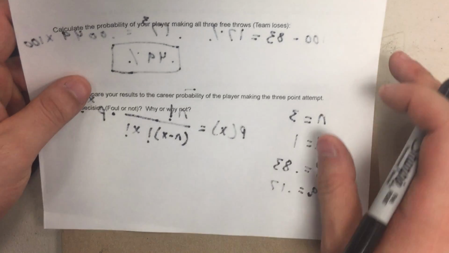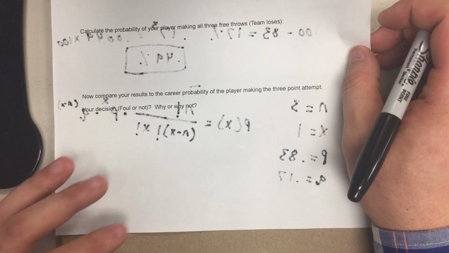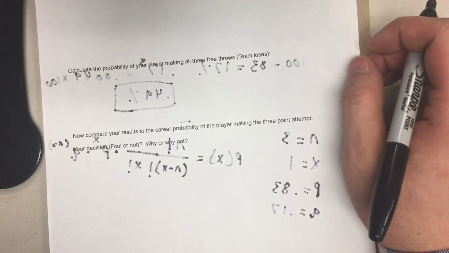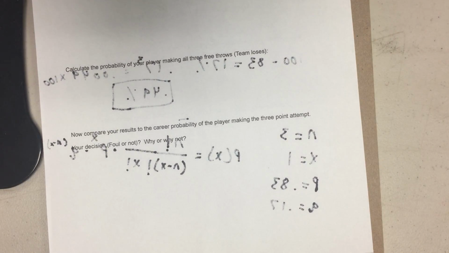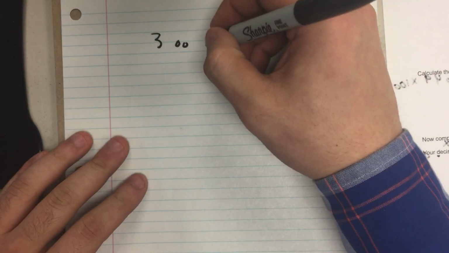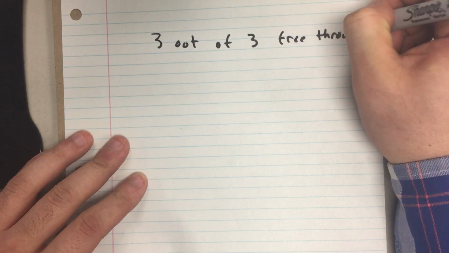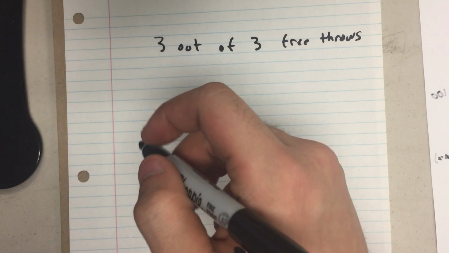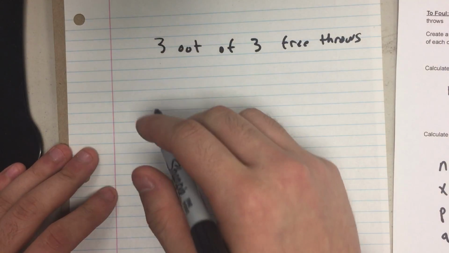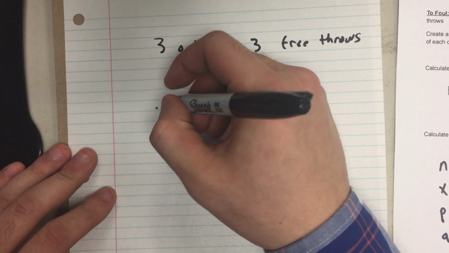Now, the other question that you might also have trouble on is the one that asks what would be the chances of him making all 3 free throws. I'm going to write that down on another piece of paper here. What's the chances that he would make 3 out of 3 free throws? Once again, my guy makes 83% of his free throws. In this case, we don't need to find the percent that he misses, because we're just concerned about the ones that he makes.